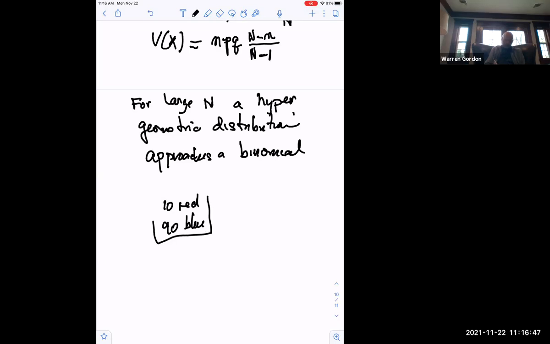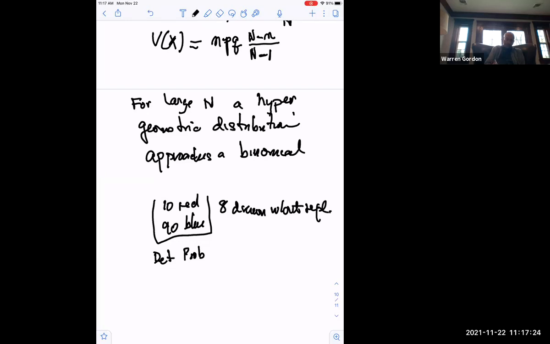And I draw 8. So notice there are a total of 100 marbles, and 8 is relatively small in comparison to the number of marbles there. Determine the probability. So 8 drawn without replacement.